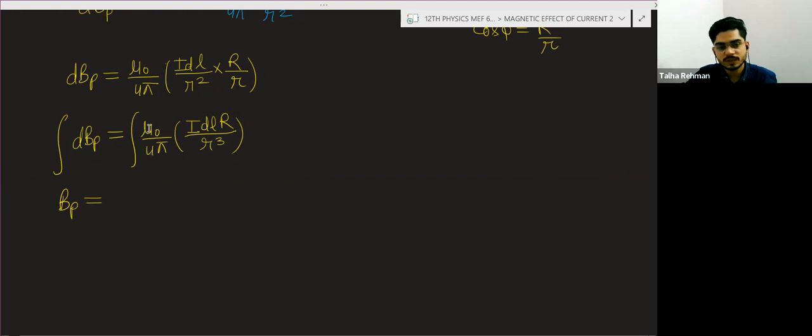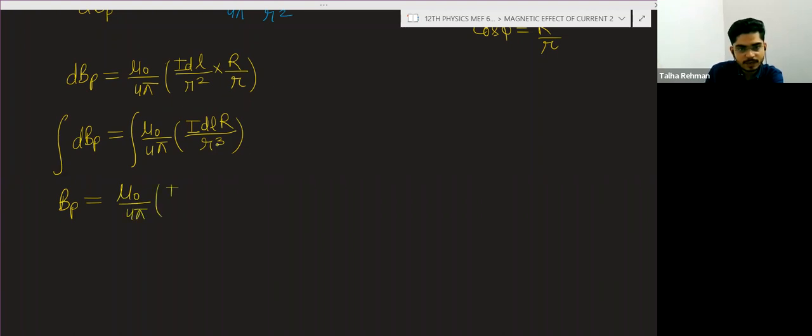This mu naught divided by 4 pi is constant, and this current is constant, this R is constant, and this thing is also constant. So you will take mu naught divided by 4 pi and I into R divided by r cube, into dl.